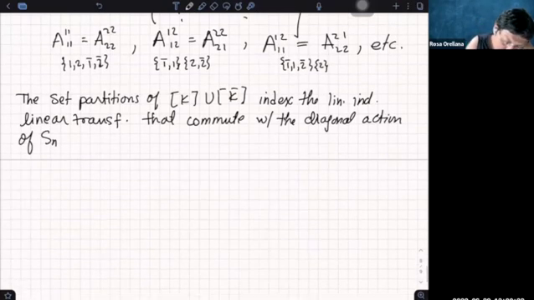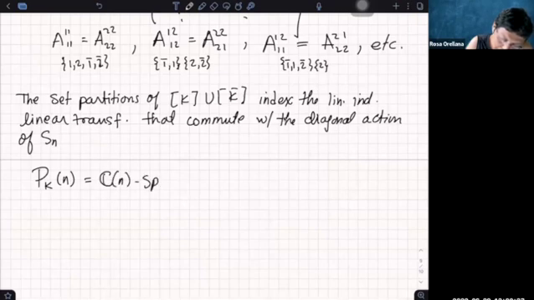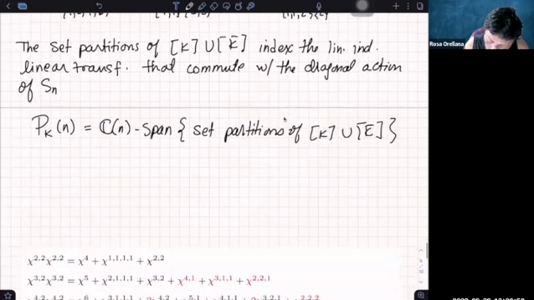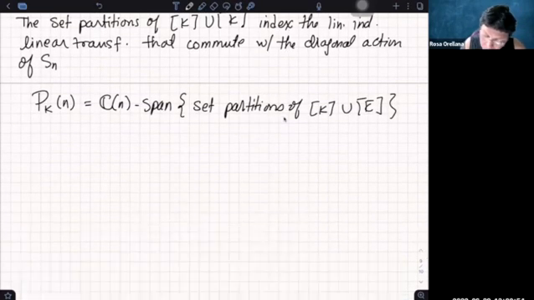So P_k(n) you could think of as the C-span of the set partitions of k union k bar. And let's remove these two.